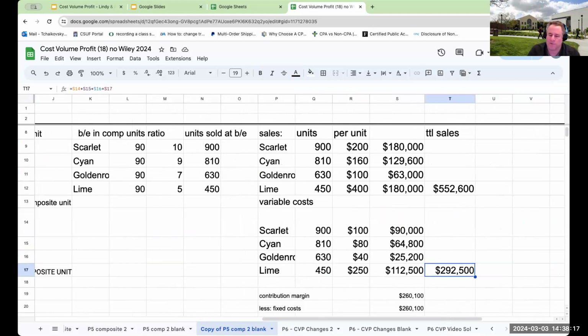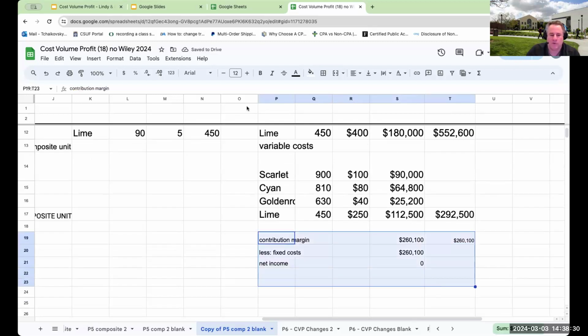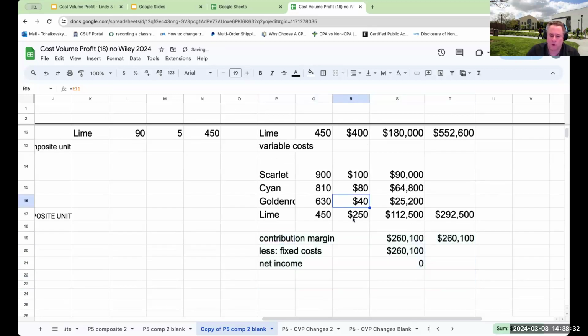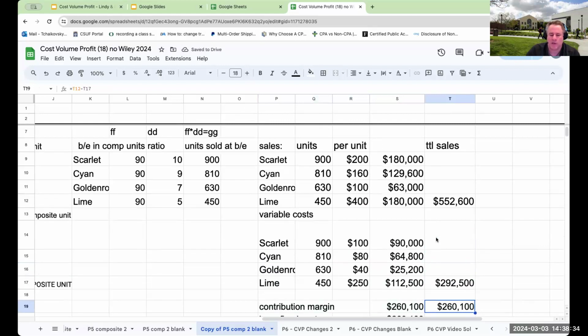Now my sales less my variable costs give me a contribution margin of 260,100. So I know that these numbers are in fact correct.